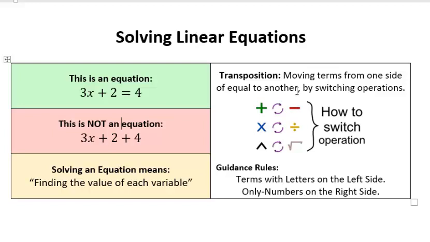It's always going to be like that, except when you're multiplying or dividing. If a number is multiplying something and you pass it to the other side, then you're going to pass it to divide, but the sign is not going to change. Same thing if it's dividing, you're going to pass it to multiply, but the sign is not going to change.